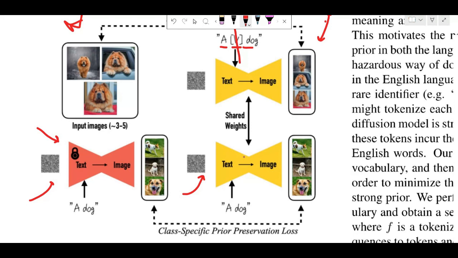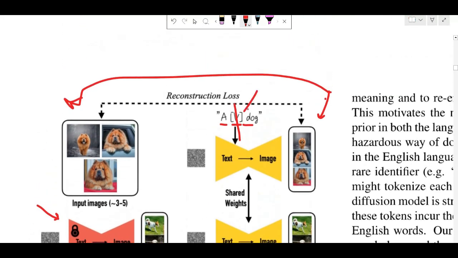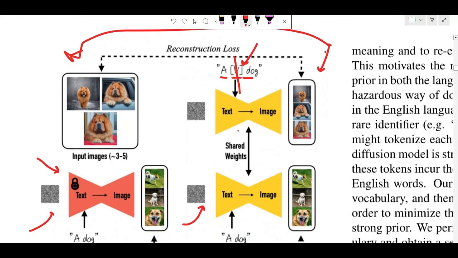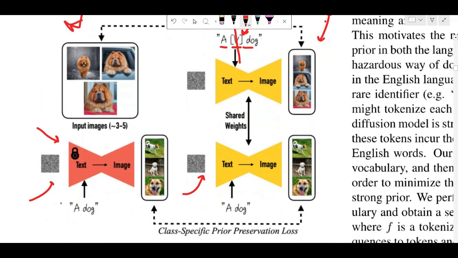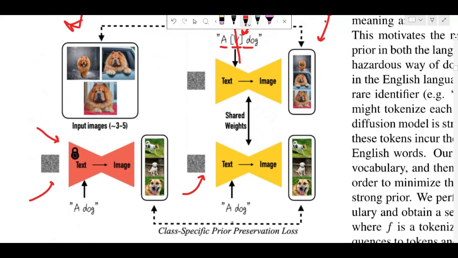So if you have this regularization loss, then the model will remember what a dog looks like, and when you add this extra identifier, it will then change this dog to look like that particular dog you had in the example. So you get to have both things, and you don't forget your old knowledge about what a dog looked like.